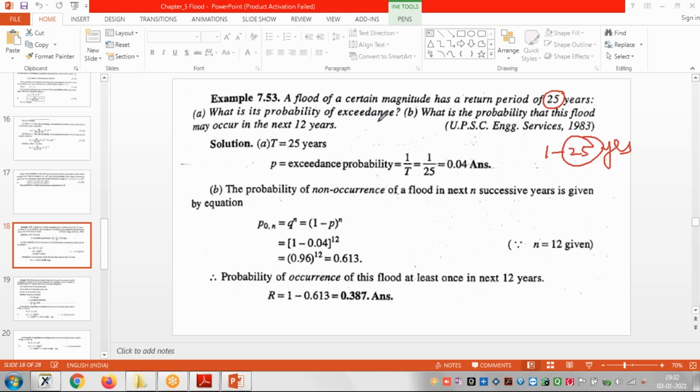So what is the probability of occurrence? And what is the probability of that flood occurring in the next 12 years? If it occurs after, say, 12 years, then R is equal to 12, right?